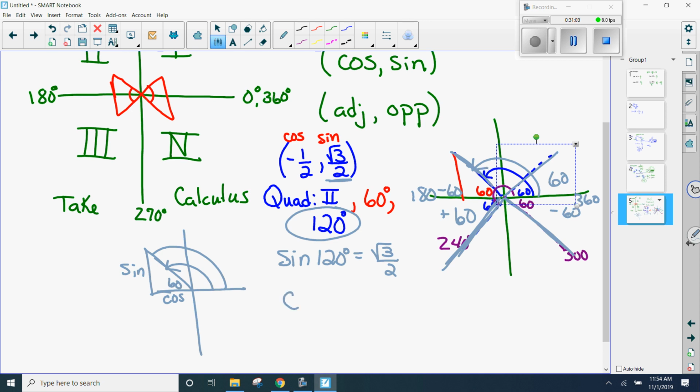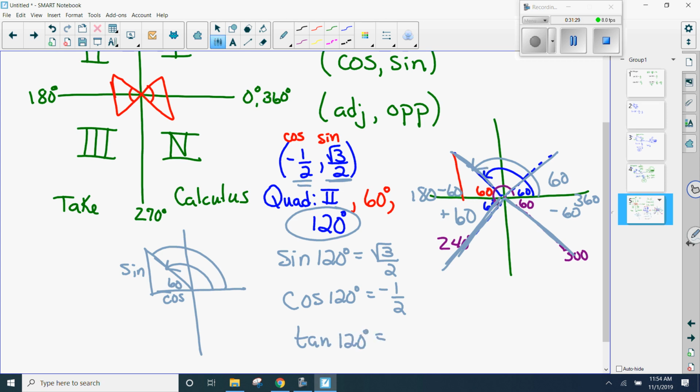The next thing they ask you is what is the cosine of theta? But I found that angle to be 120 degrees. What is the cosine of that? Well, it's 1/2, but it's negative. Cosine is negative in that second quadrant. So it's negative 1/2, which we have right there. And then they ask you, what is the tangent of 120 degrees?